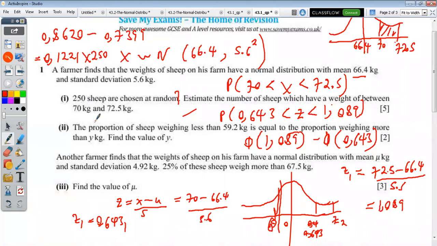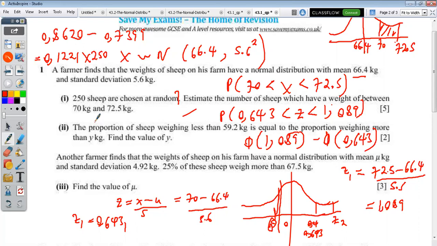So if you multiply by 250, what do you get? Because that's what they want us to estimate. 30.